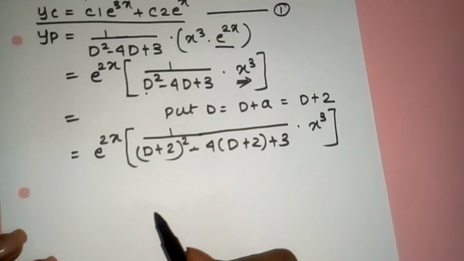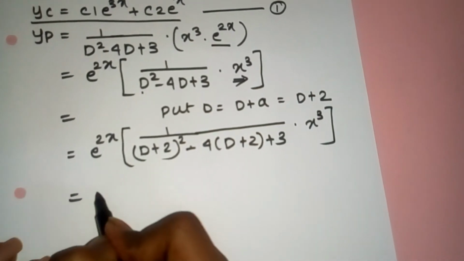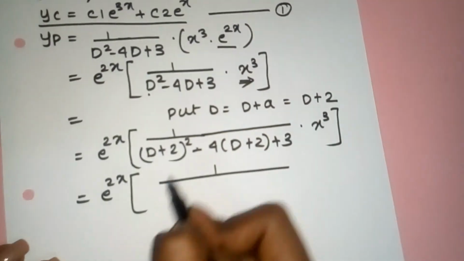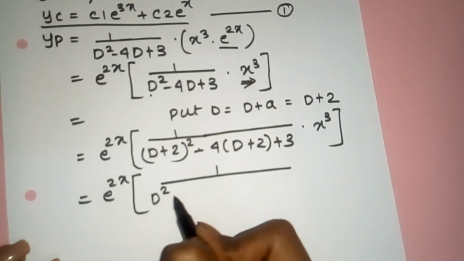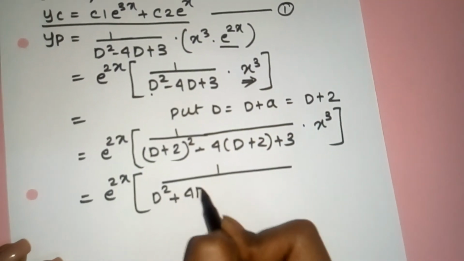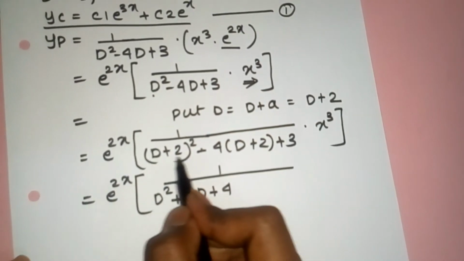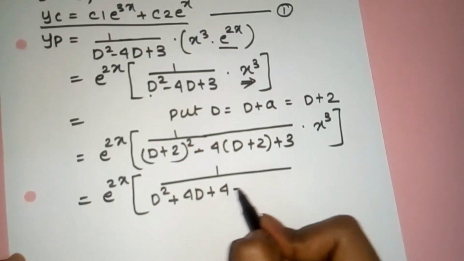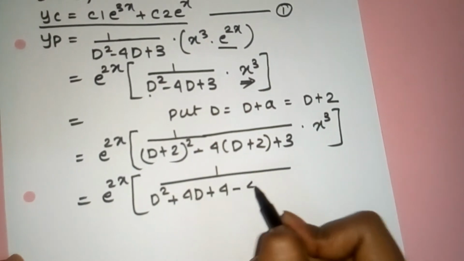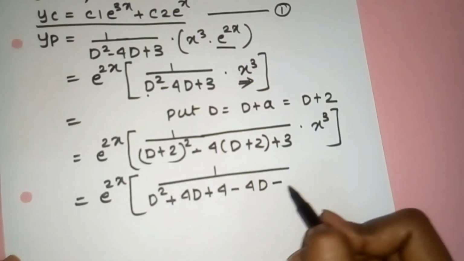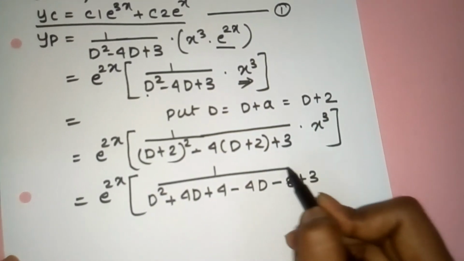Then now we'll simplify this. E raised to 2x, 1 upon D square plus 4D plus 4. We have used a plus b whole square, then minus 4D, then minus 4 twos are 8, plus 3, into x cube.